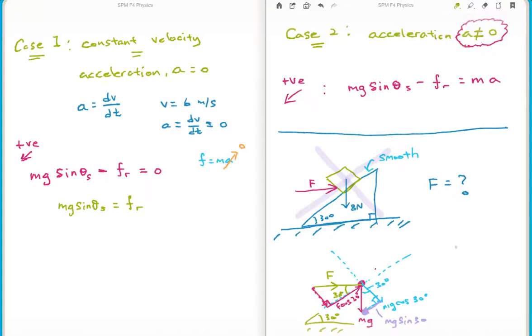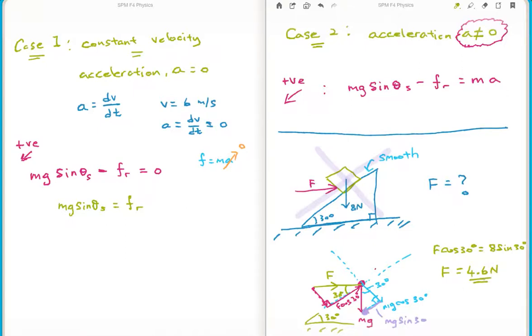So therefore, your F cos 30 is supposed to be the same as mg, which is 8 sine 30. Okay, why is it 8? Because mg was given as 8 Newton. You solve it based on what I have taught you in my previous video. It's cos 30 and sine 30. Therefore, with a calculator, 4.6 Newton is what you will get.